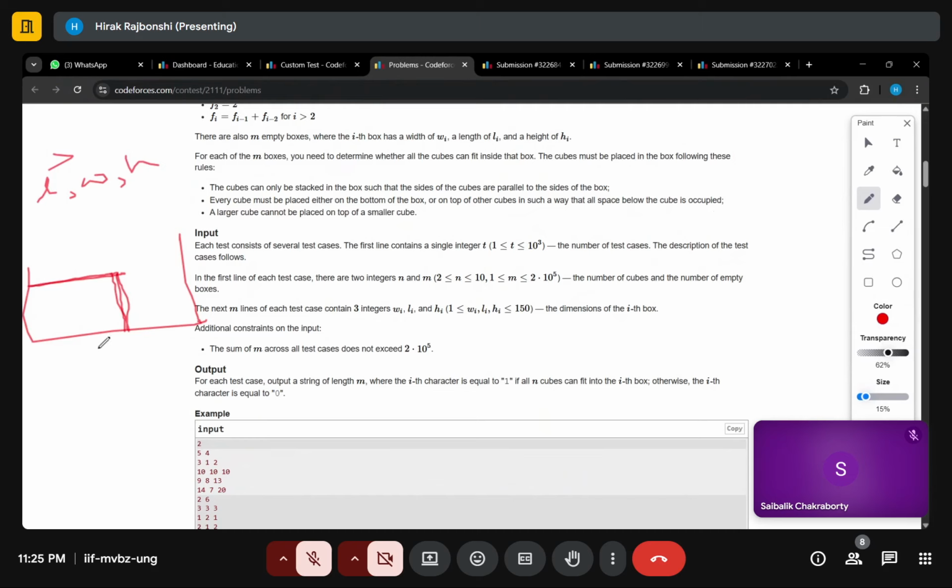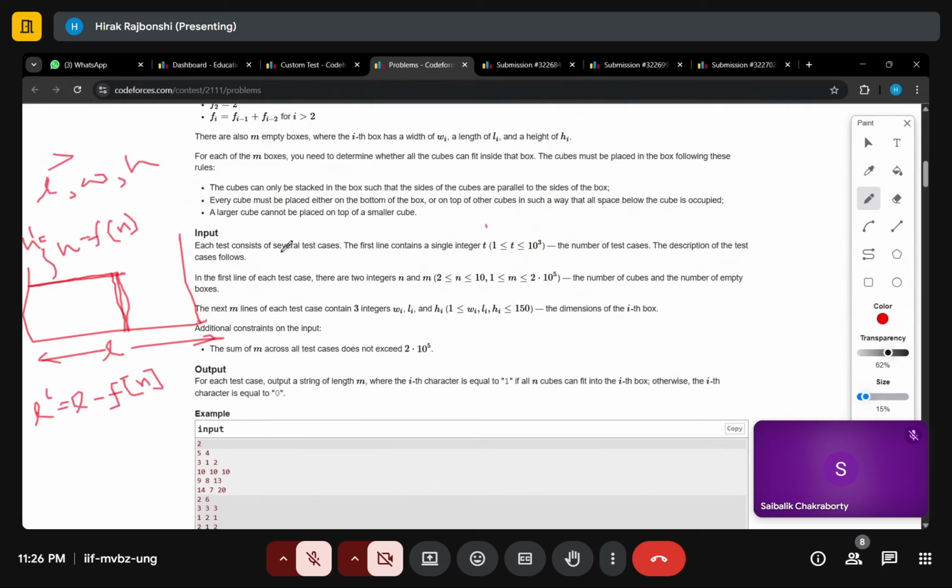See, this is L, right? This space will be L minus f of n, and this space will be h minus f of n. I will call this h dash, and I will call this L dash.